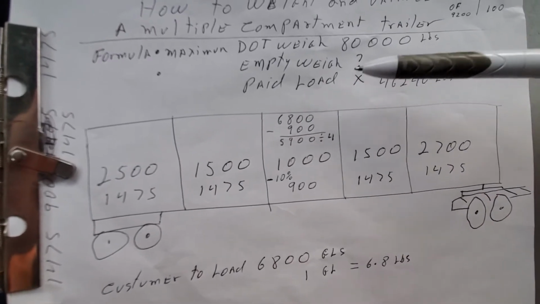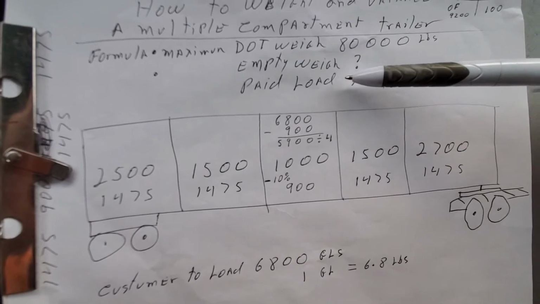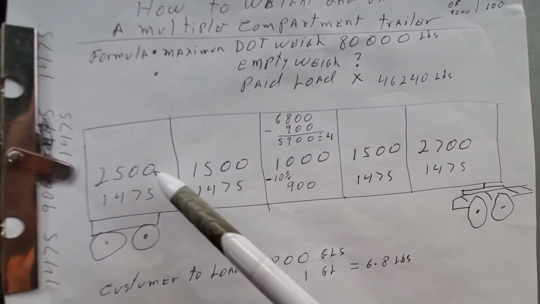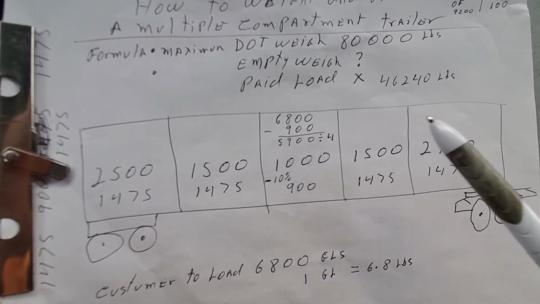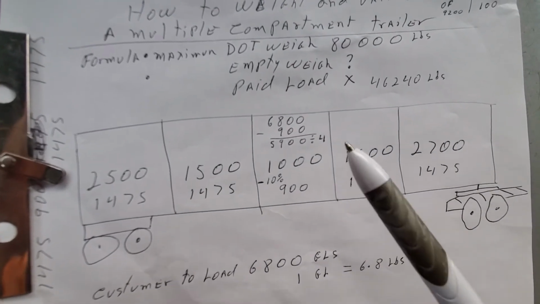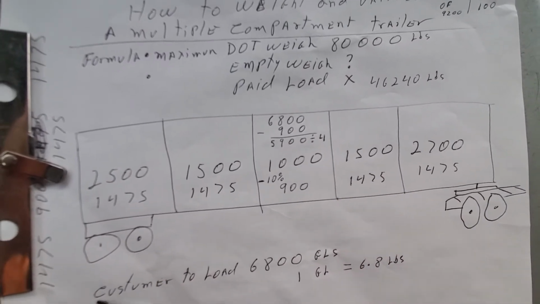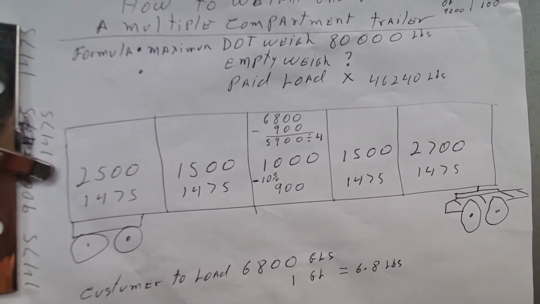And this is where it becomes the tricky part. Once you establish your payload, now you have to divide it into compartments. Not all the trailers are the same. They all have different shapes and different sizes.